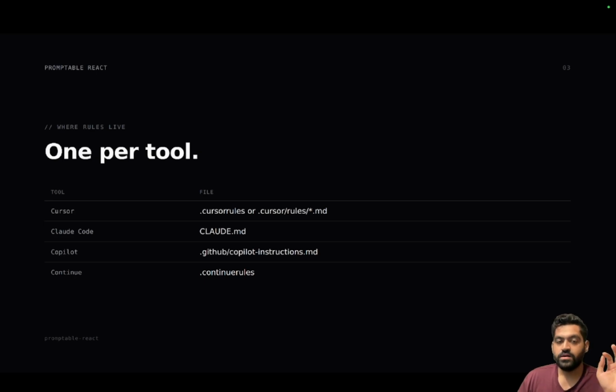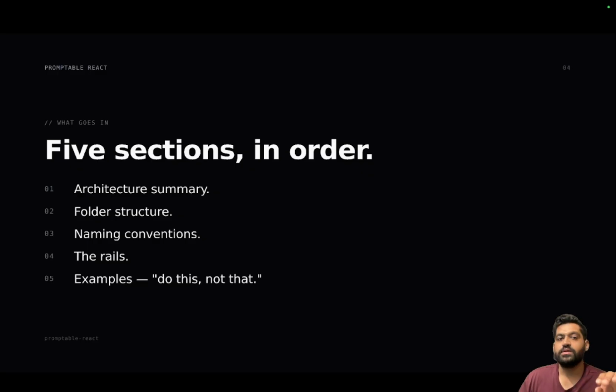Tool files could be for Cursor rules, then we could have claude.md for Claude. Copilot could have its own instructions, and Continue rules could have its own instructions. What you can do is, for any tool you want to use, just tell that tool, okay, this rules directory has all the rules, create a pointer file in the root for how you want to use it. It will do it. Okay.